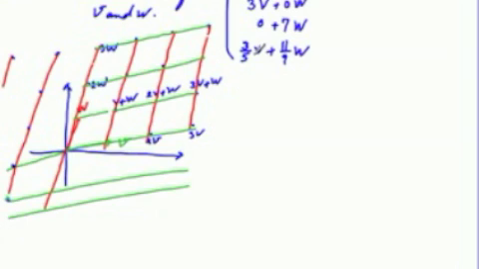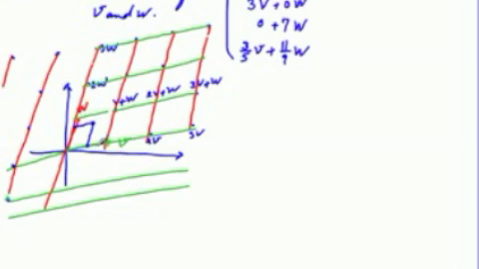Now, if I think about all possible linear combinations, not just whole numbers, but if I allow, for example, half of v and 2/3 of w and all such combinations, then what spots are going to be covered? Everything in between. Everything in between of these things is going to be fair game, like half of v and 2/3 of w, and a combination of those two could be used to arrive at a certain spot.